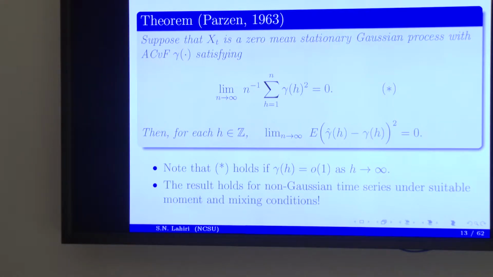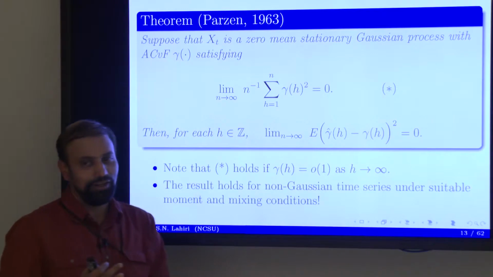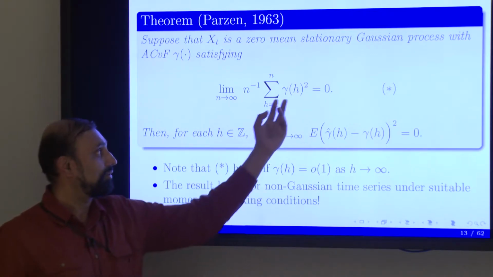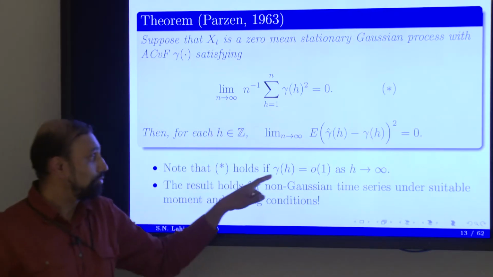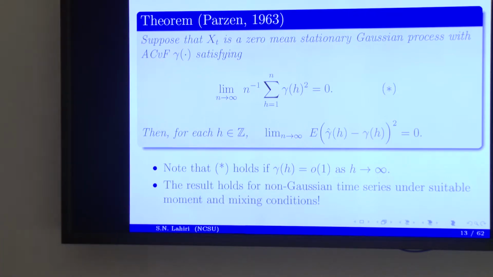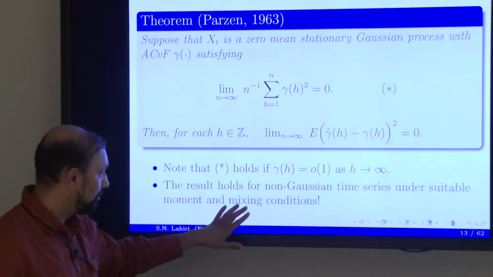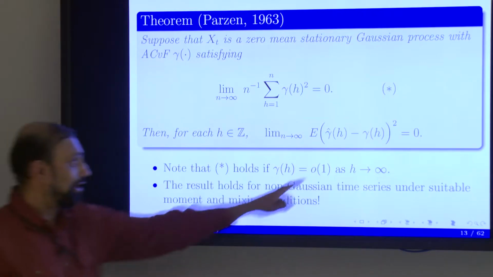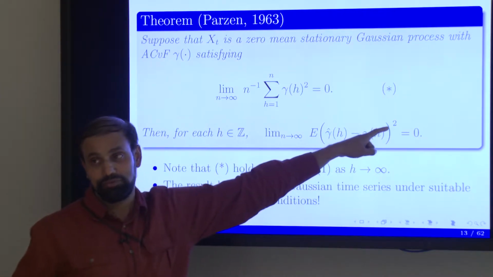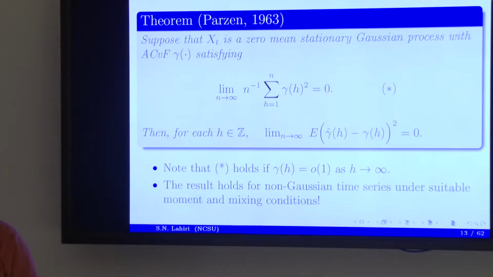And when you're looking at the covariance between x t squared and x of t plus h squared, it would be gamma h squared. So the Gaussianity is used pretty heavily, but the conditions are very, very weak. This is true whenever gamma h goes to 0. Alternatives to this Gaussian assumption would be to impose some kind of mixing conditions, and you will need at least 4 moments. It is 2 raised to the power 2 plus some delta.